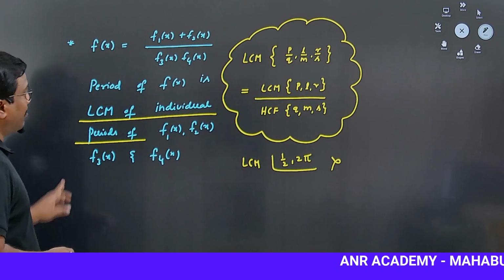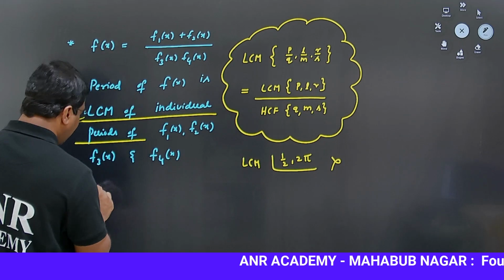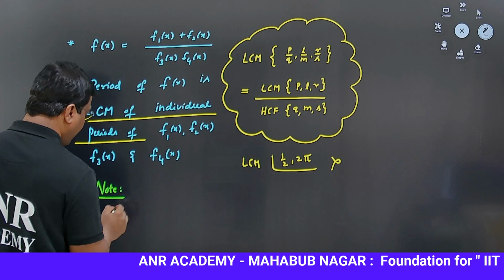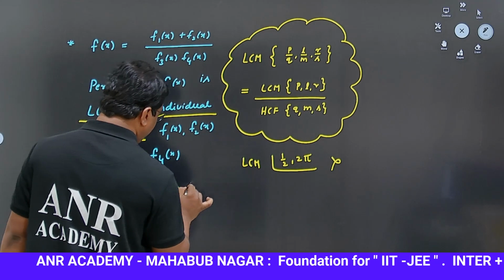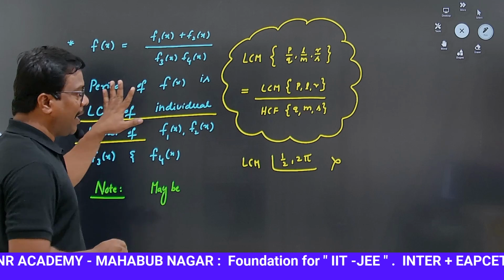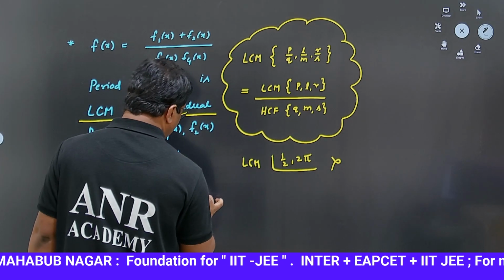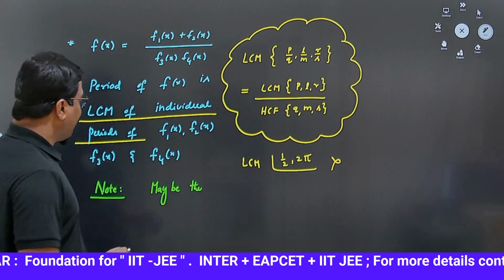Here you have the property: LCM of individual periods, and there is a note. Here the period is okay, but to get the fundamental period, sometimes it is the fundamental period and sometimes it is not.